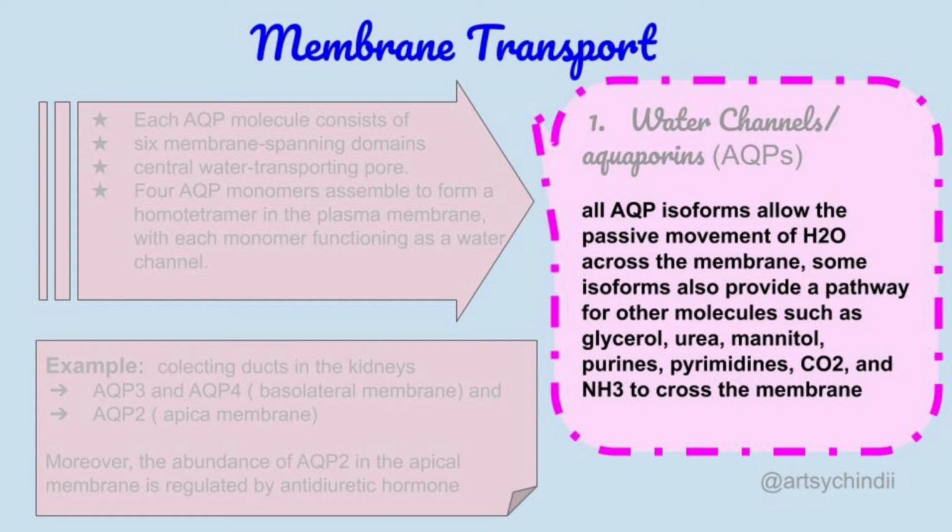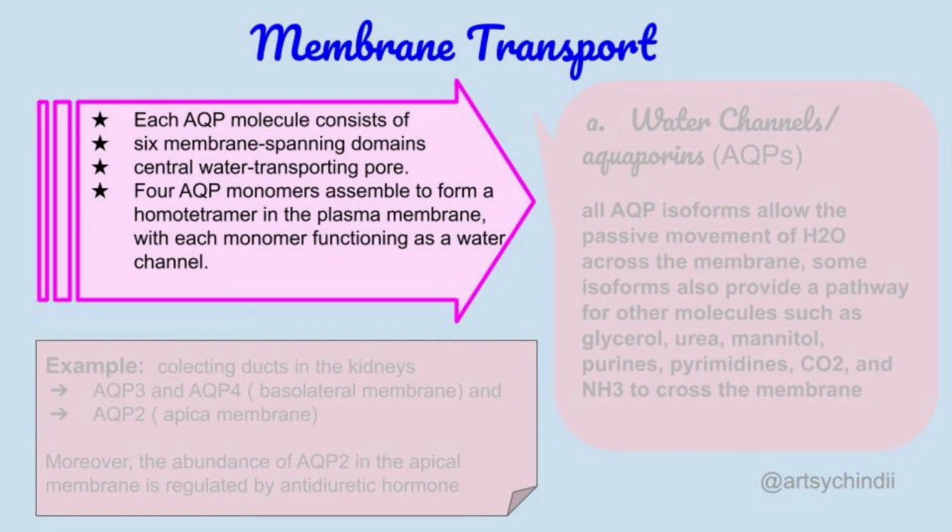The transporters have been classified in several different ways. They are divided into 4 general groups. Number 1 is the water channel, or the aquaporins. All isoforms allow the passive movement of water across the membrane. Some isoforms provide a pathway for other molecules such as glycerol, urea, mannitol, purines, pyrimidine, carbon dioxide, and ammonium to cross the membrane.